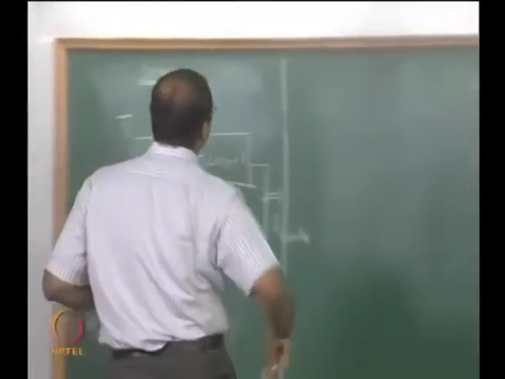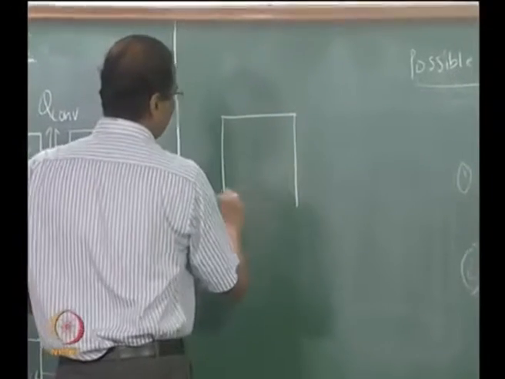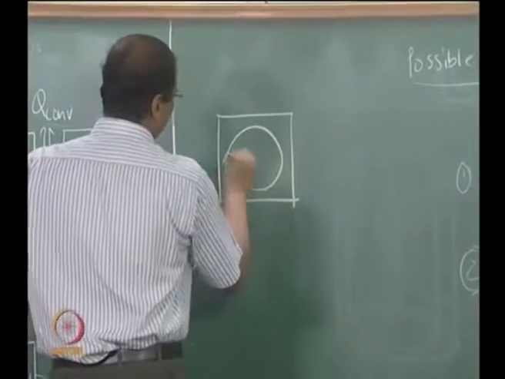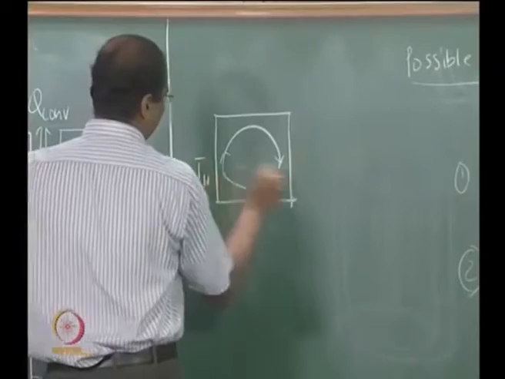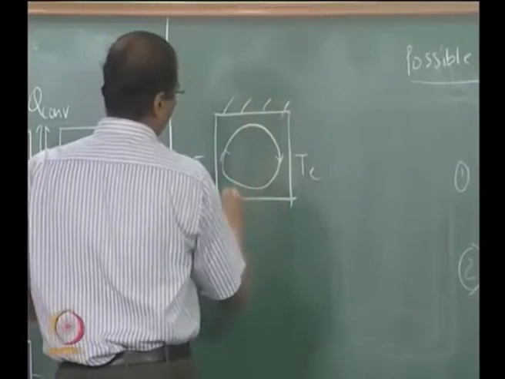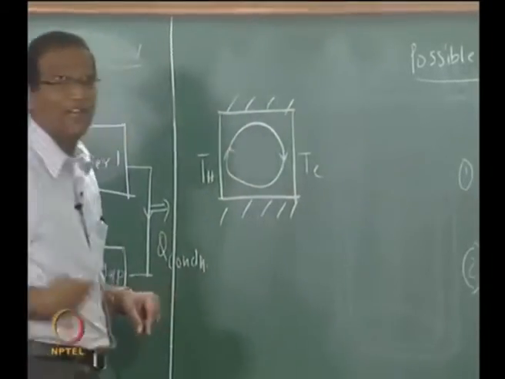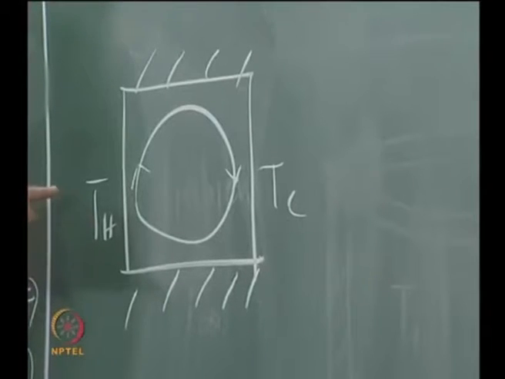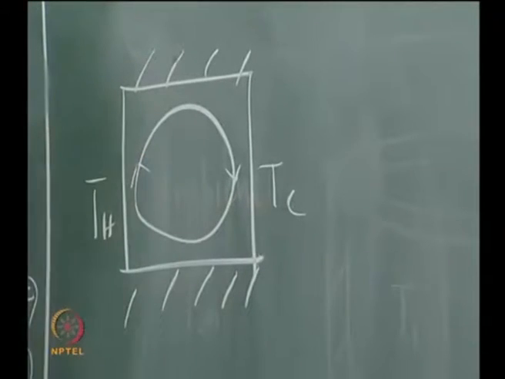So if you look at natural convection, if you have a cavity like this, there is a closed cavity, there is a heated wall on the left side, there is a cooled wall on the right hand side, top and bottom are adiabatic.